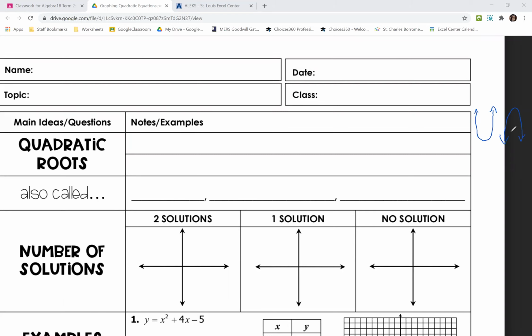Now, when we've been finding our solutions to a quadratic, what we've been doing is finding the point at which the parabola intersects the x-axis. So what does that look like?